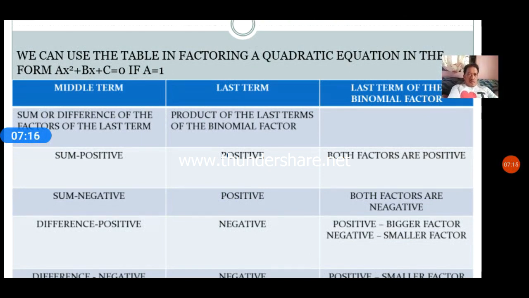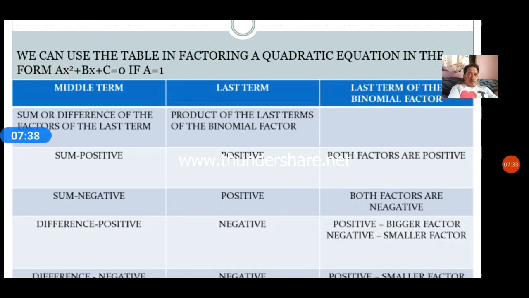And if the middle term is positive, therefore both factors are positive. So again, we are talking about the last term of the binomials. Okay, and how about if the last term is again positive but the middle term is negative?